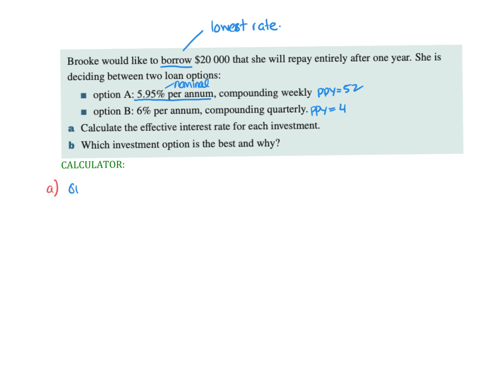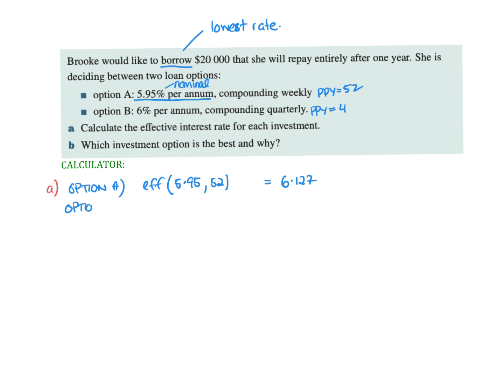For option A, into my calculator I type EFF bracket. You can either go to the menu or just type it. I put the nominal rate, which is 5.95, then the PPY, which is 52, and I end up with 6.127. I like to grab 3 decimal places because sometimes they get very close when comparing, so you might need the third decimal place.